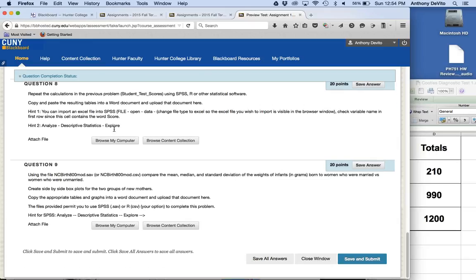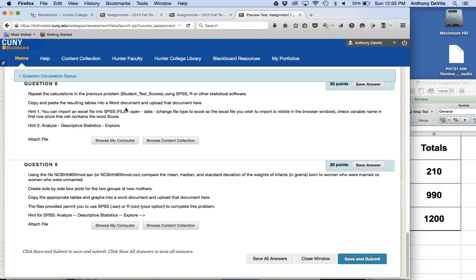But basically, if we are looking for descriptive statistics in SPSS, what we would do is go up to Analyze, go to Descriptive Statistics, and then choose either Descriptive Statistics or Explore. Explore is going to give us more information.